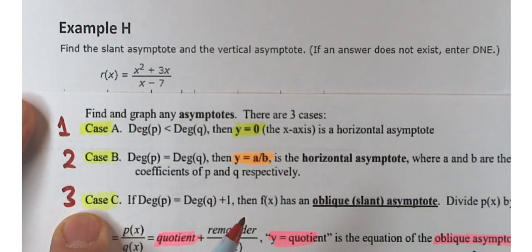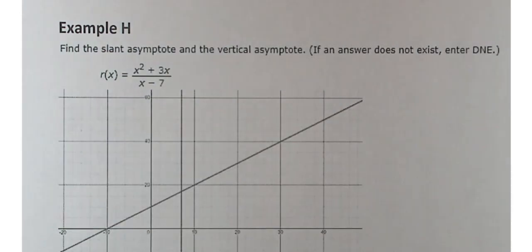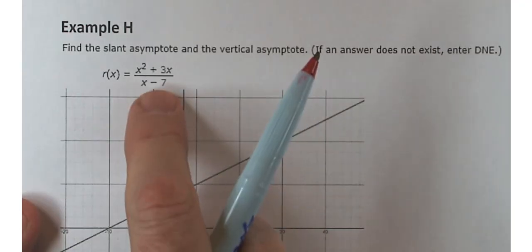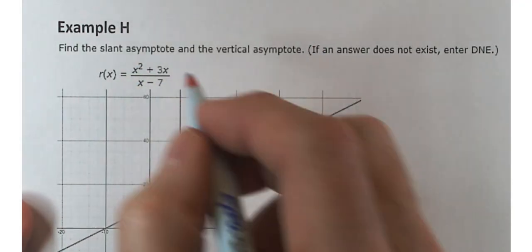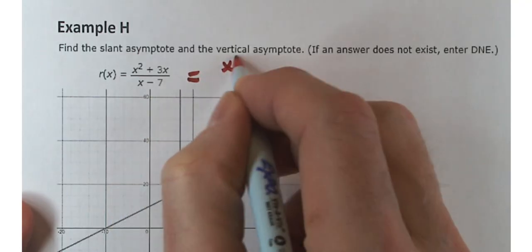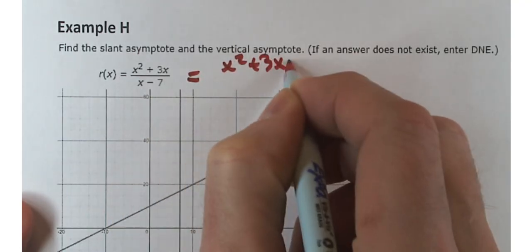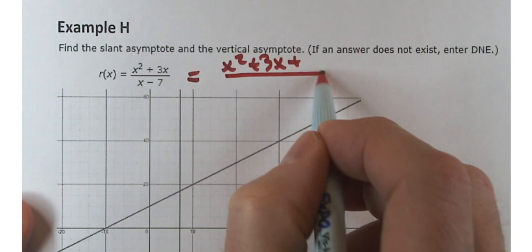All right, so now, if it is the third one, then what we have to do is divide the numerator by the denominator. Let's do that with synthetic division. Before I do it with synthetic division, let me remind you that there's something missing in the numerator.